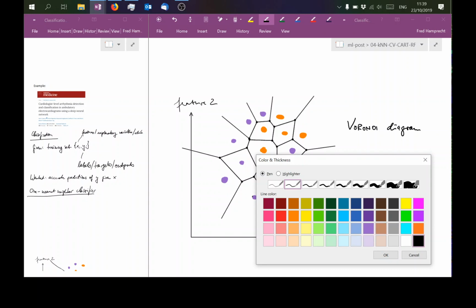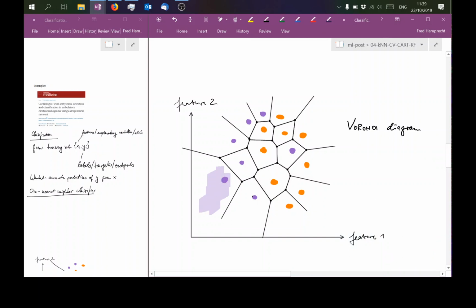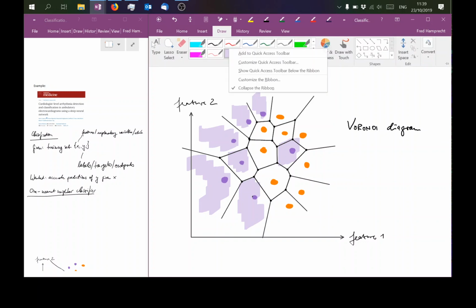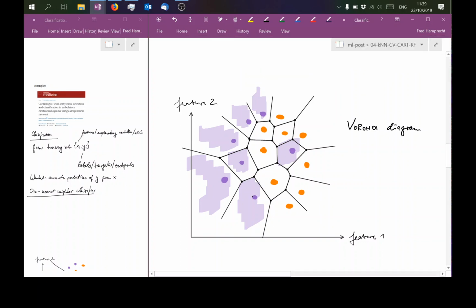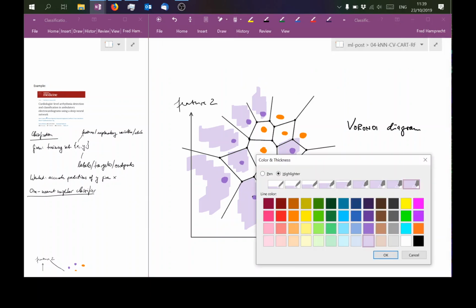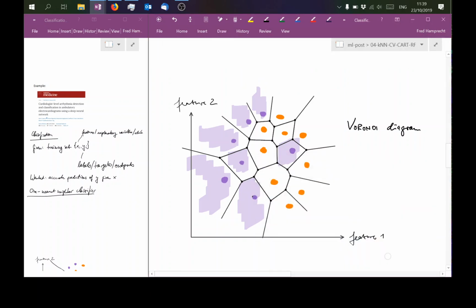One is I could say that I color each of these Voronoi regions according to the label of the point that is associated with that region. So I could label these regions one by one. But if I wanted to do that in a multidimensional space, you can see that I would need quite a bit of storage to do that.